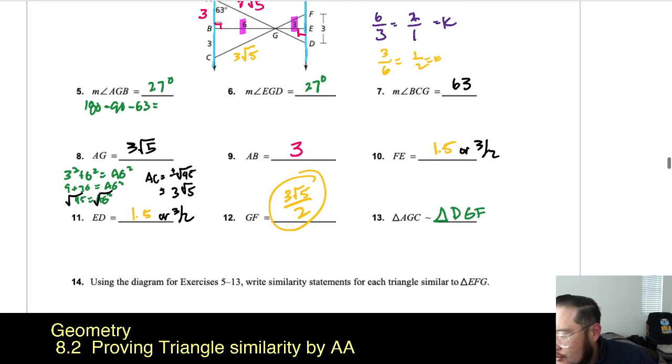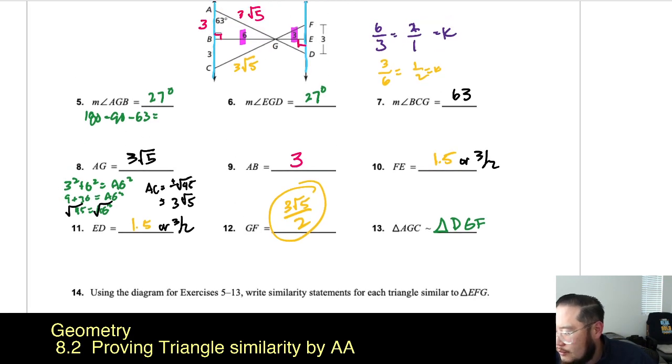Some similarity statements: triangle EFG is similar to triangle EDG, that will be one of them.